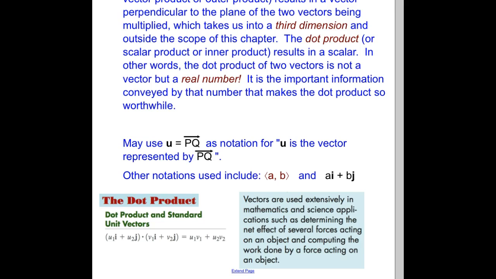Okay, remember that i and j: i is a vector with length 1 in the horizontal direction, so it has components 1, 0, and j is a vector in the vertical direction, and it has components 0, 1. Okay, so we're just saying we're breaking this up into a vertical and a horizontal component.